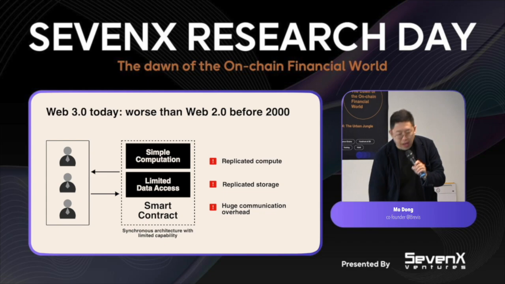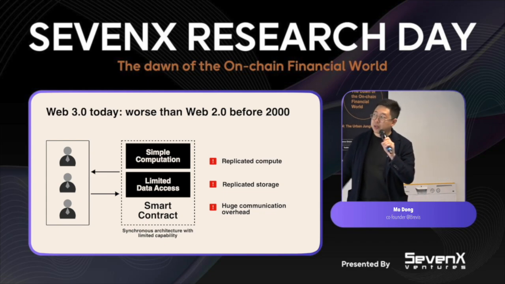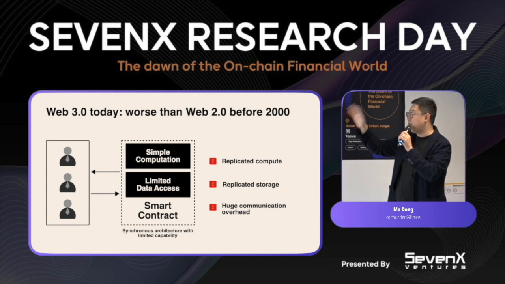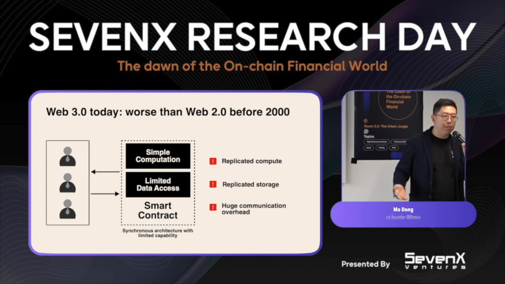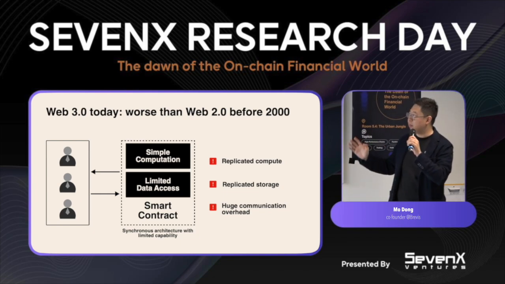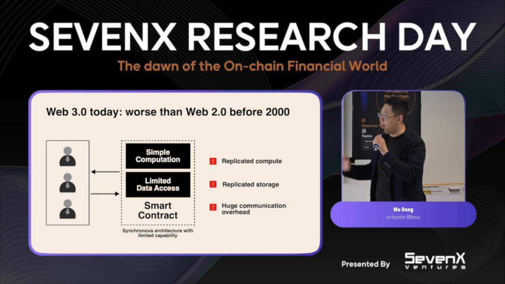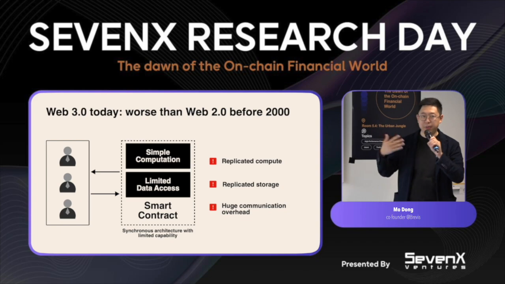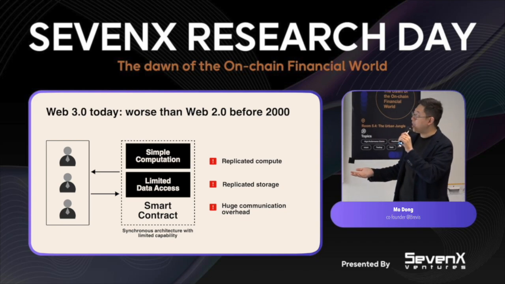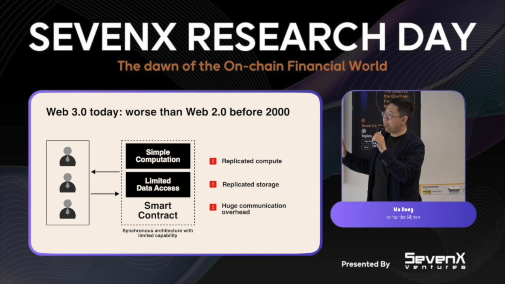Now, if we look at where we are in Web 3 today, it is actually worse than Web 2 before 2000. We are treating blockchain VMs, the EVM, the Solana VM, as this monolithic web server backend. Everything is handled by smart contracts, essentially in a sequential fashion. The worst thing here is that the performance is really bounded.